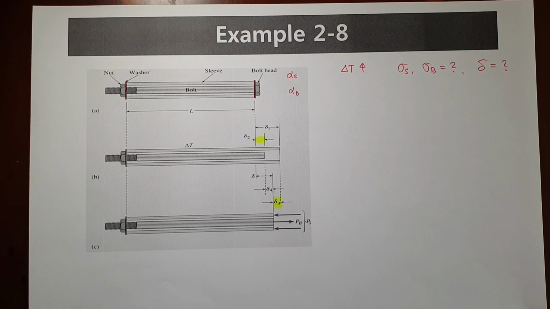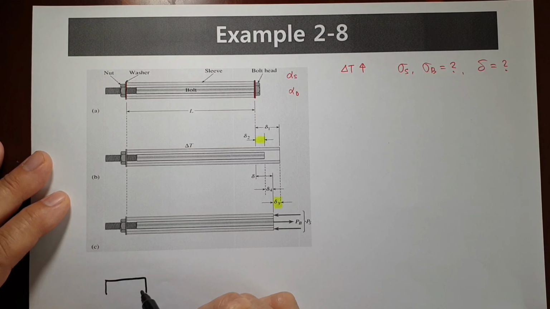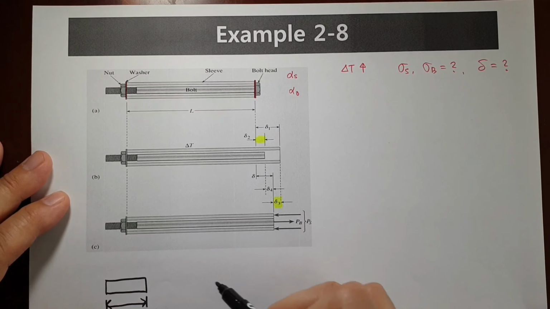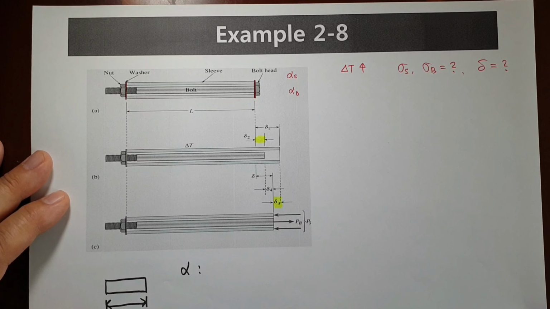In this example, we deal with the temperature change related to temperature difference. If you have some material which has length L, let's say alpha is the linear thermal coefficient.